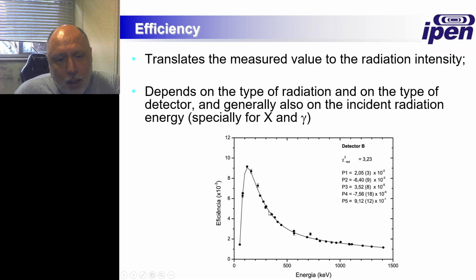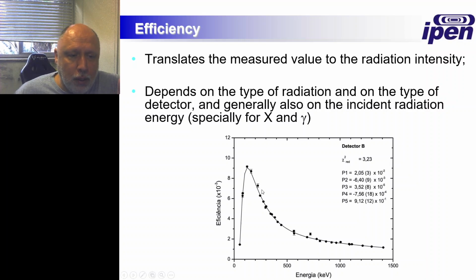But as you remember, the intensity of any interaction decreases with the energy, and quite strongly. Then what happens from here on is that the radiation starts to pass through the detector without even leaving some register there.